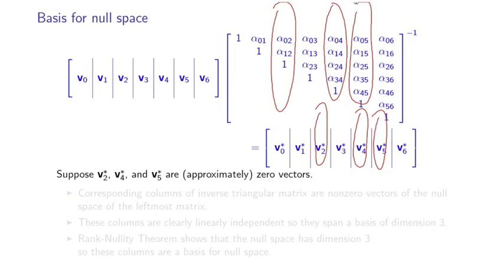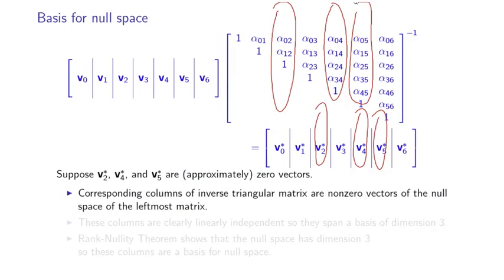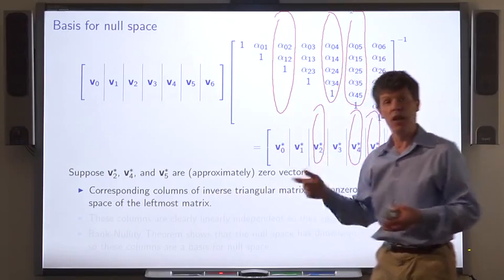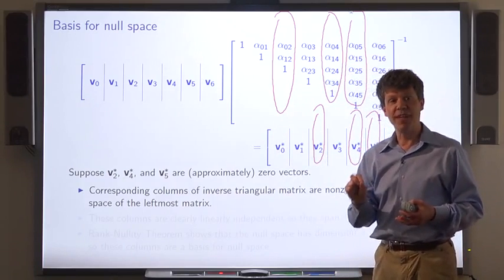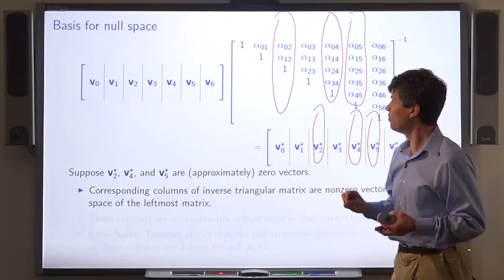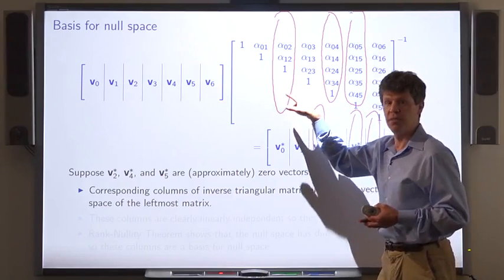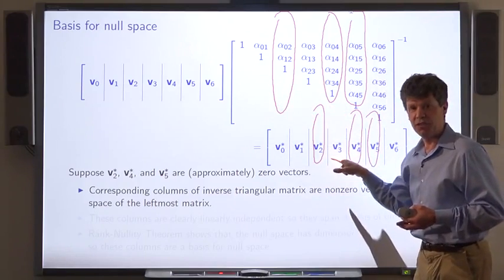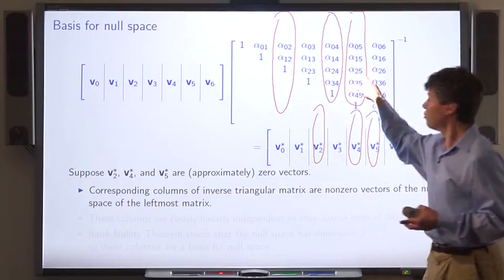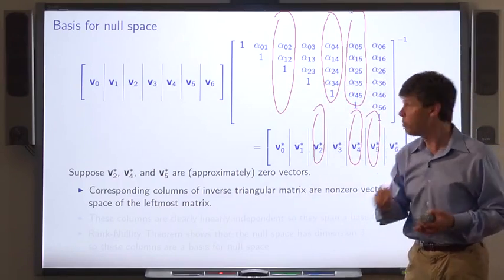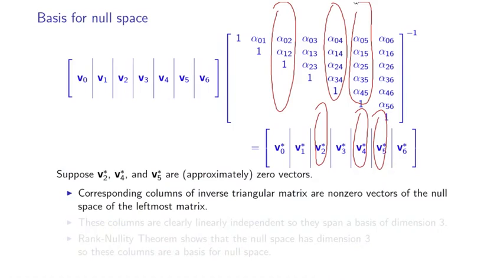Now, it's clear that these are linearly independent vectors. And notice that by the matrix vector definition of matrix-matrix multiplication, when you multiply this original matrix by each of these vectors, you get a zero vector. So these vectors lie in the null space of this matrix.